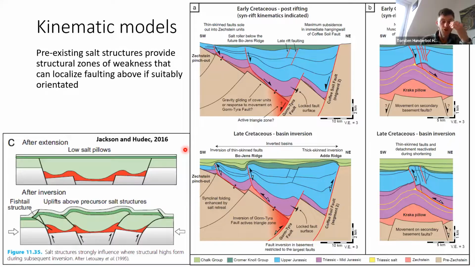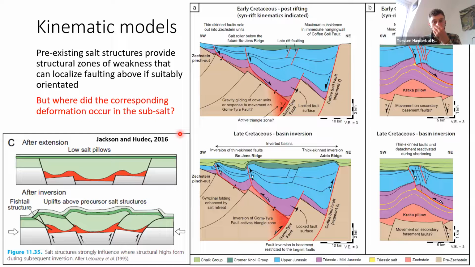And that makes very good sense with the widely accepted theories that salt structures are weaknesses that have a tendency to localize deformation, both during extension, rifting, and inversion. So that makes good sense.